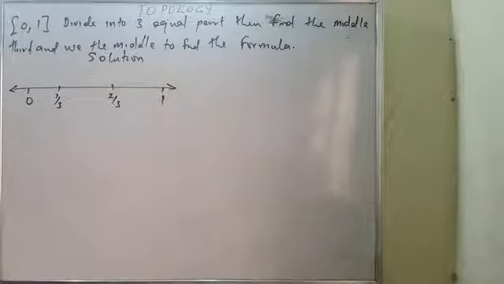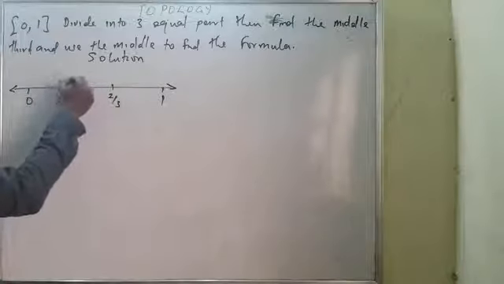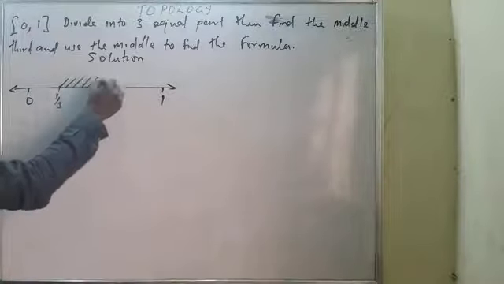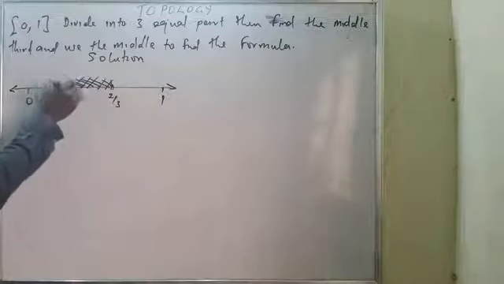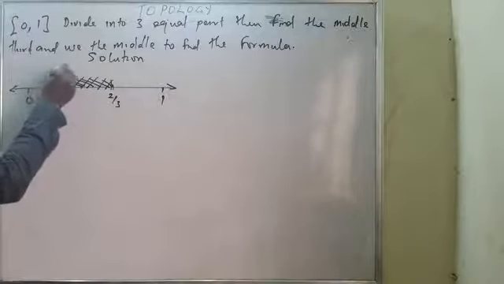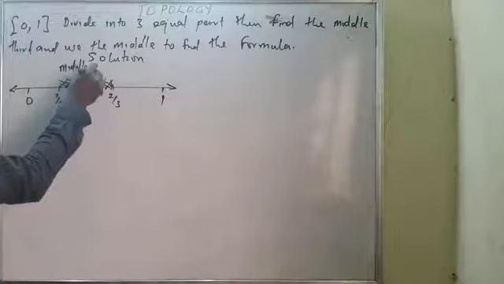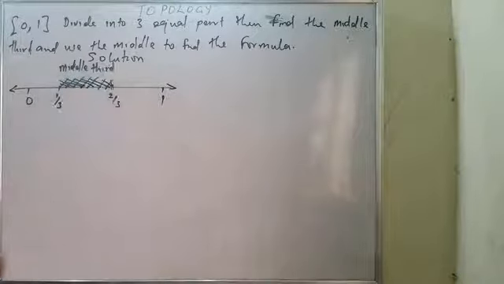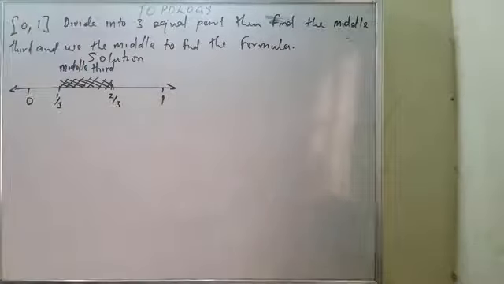The middle third, the middle point of it, is here. This is the middle point I'm talking about. Here is called the middle third. It can be the middle fifth. If it is the middle fifth, it means it is divided into 5 parts. Take note of those things very well.